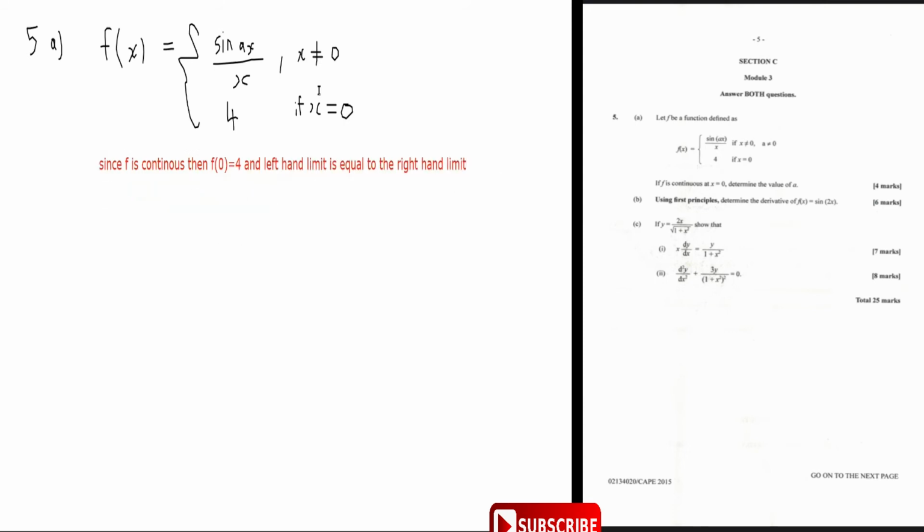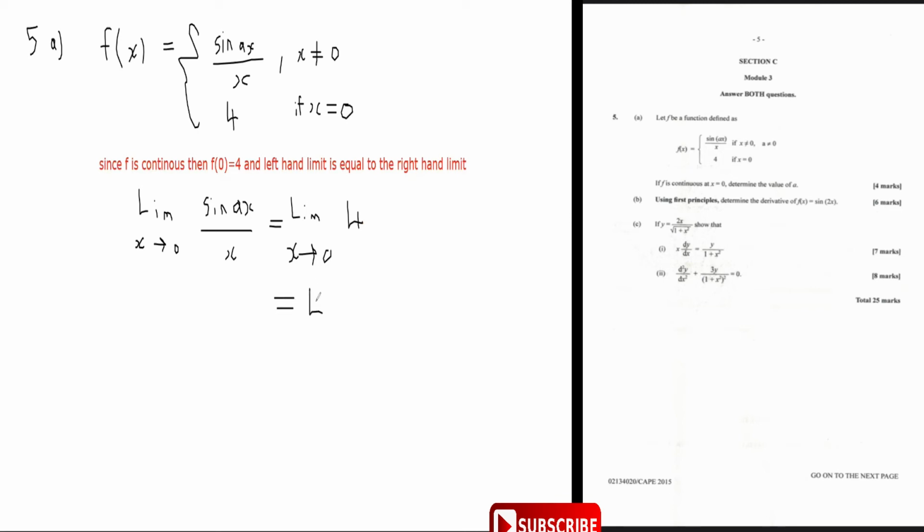So what does that mean? It means the limit as x approaches 0 of sine ax over x is equal to the limit as x approaches 0 of 4, which is just 4.